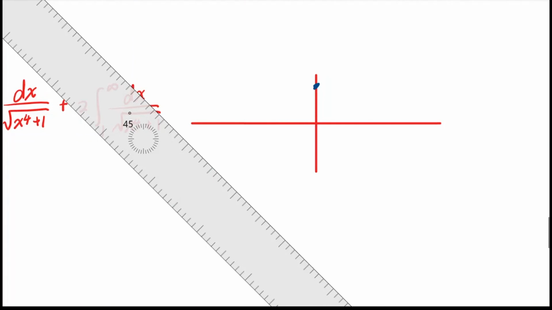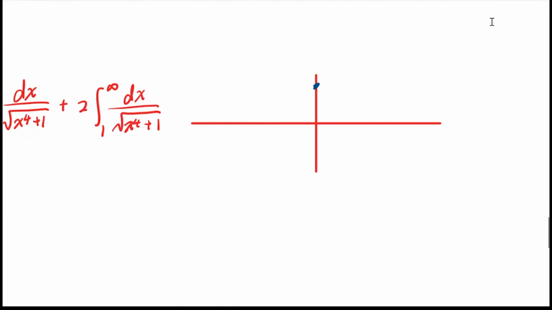Okay. Hide the ruler. So do you see this kind of behavior? So what I'm doing is I'm cutting it here at 1 and -1. Okay. Let's go to the side.